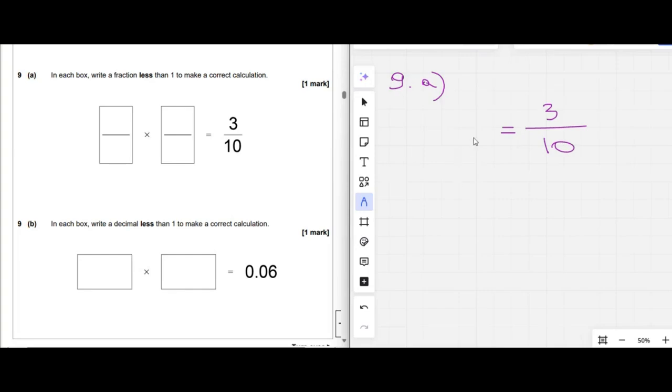So maybe let's just try with 1/2, for example. It's less than 1. And what we need to multiply this by to reach 3/10. So what must be the second fraction? 3/5. Yes, and it's less than 1 again. So that's one of the answers.